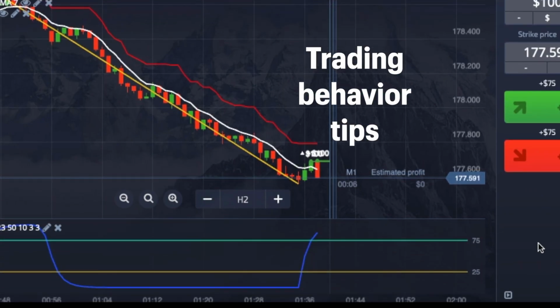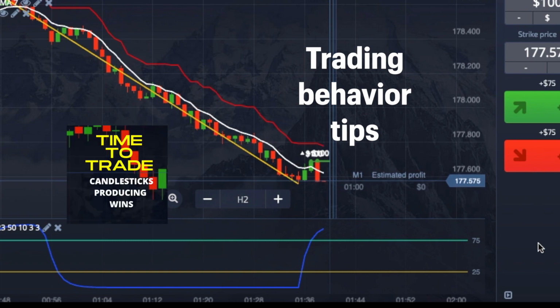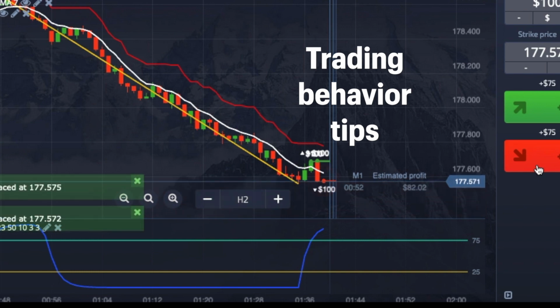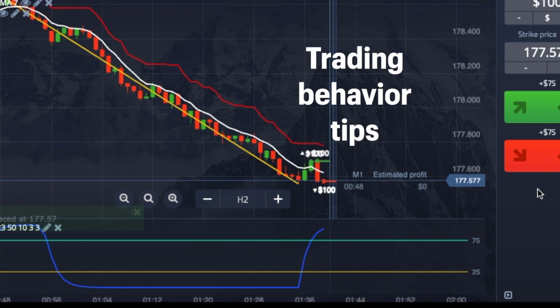Okay, so we're going to talk about trading behavior. But very briefly, it is so great to hear that people are using that ebook and it's helping them identify those candles and get some serious gains on their accounts. Now, I'm talking to people and they're taking their account from $50 all the way to $1,000, folks. And that's great to hear because you will have a lot of people who might say Pocket Option is a scam.